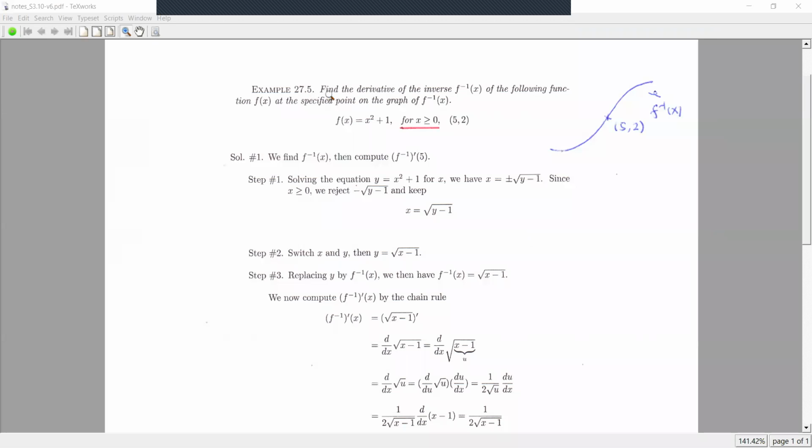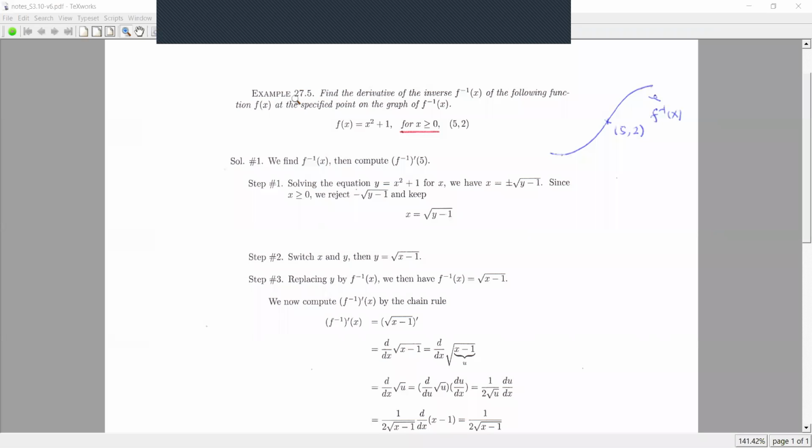Example 1. Find the derivative of the inverse function of the following function f at the specific point on the graph of f inverse: (5, 2). This is a point on the graph of f inverse. The function f is x squared plus 1, where x is non-negative.